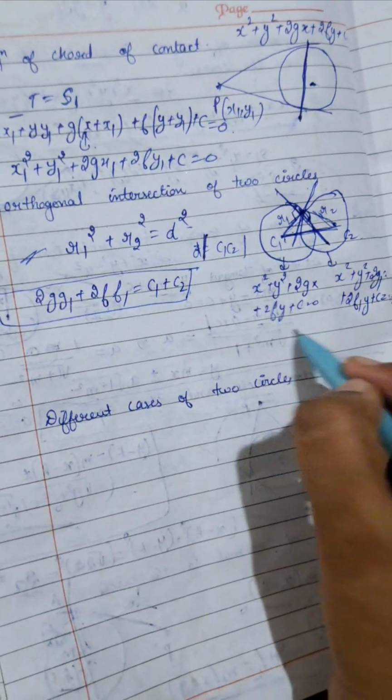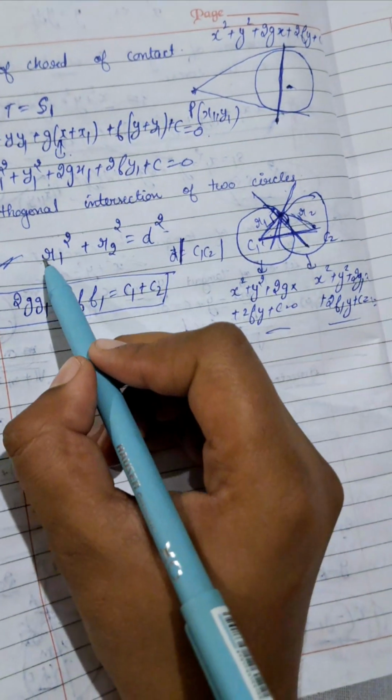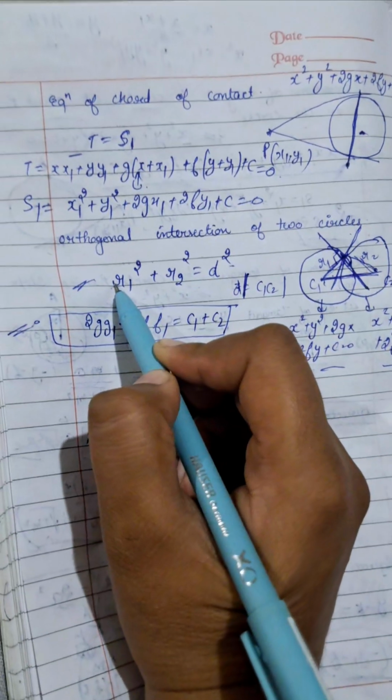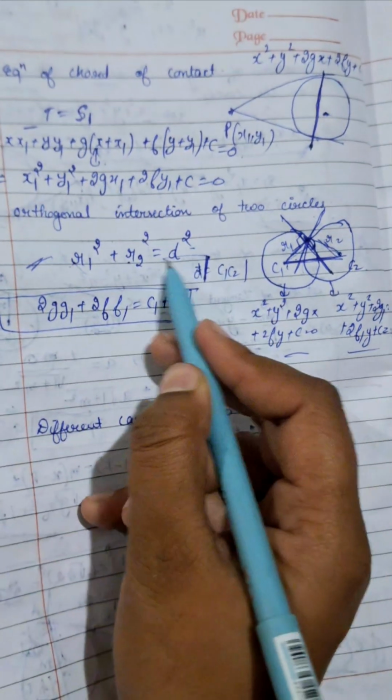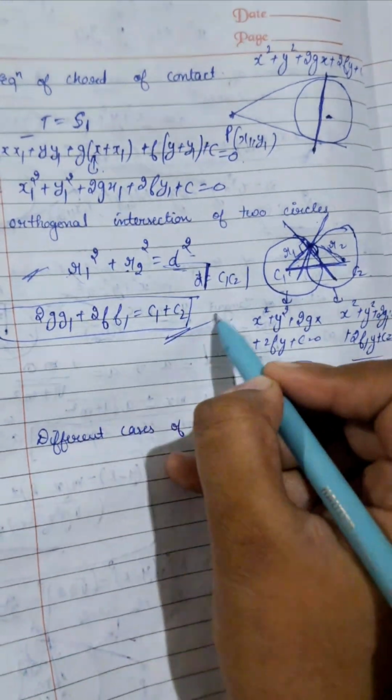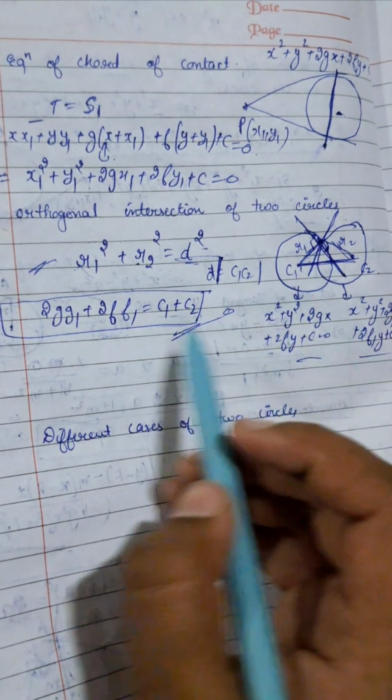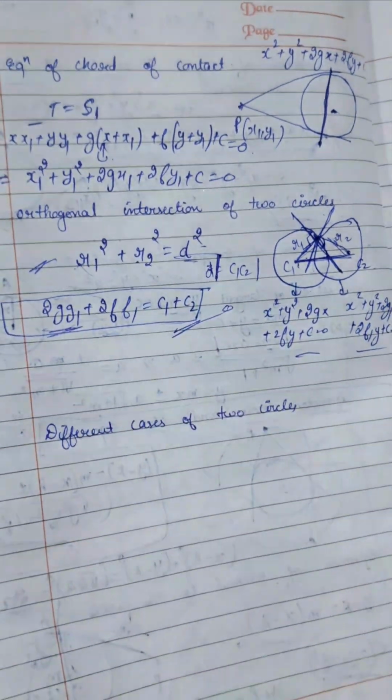After solving this, using this to find the distances r1, r2 and d, we will get this result. Instead of solving all these equations, we can simply learn this result.